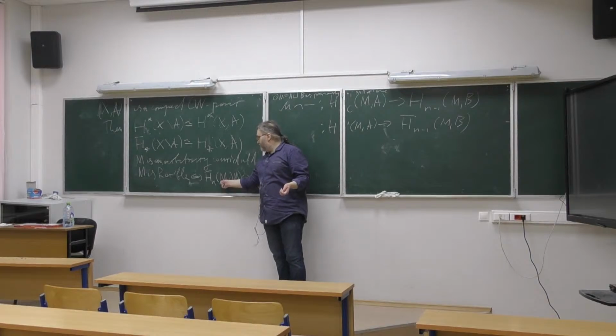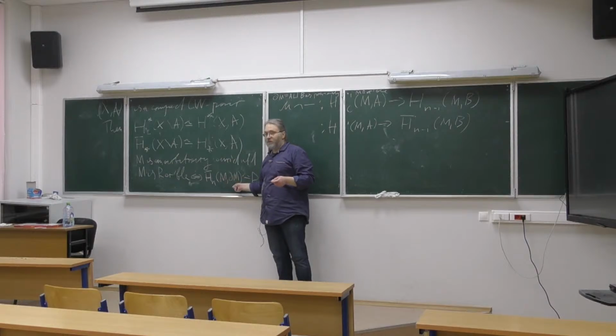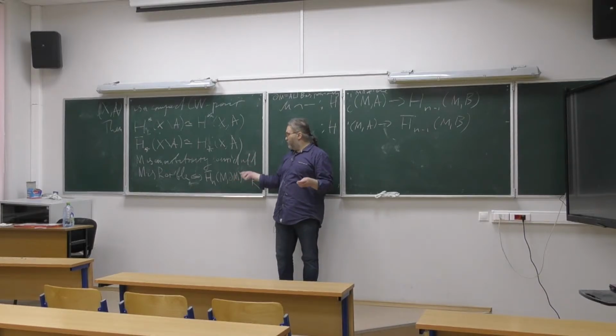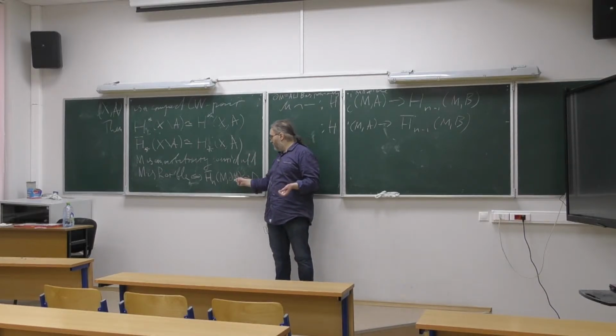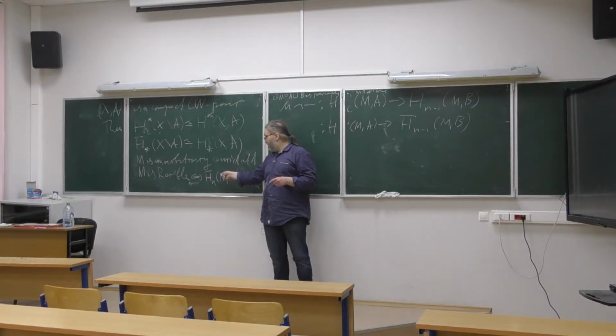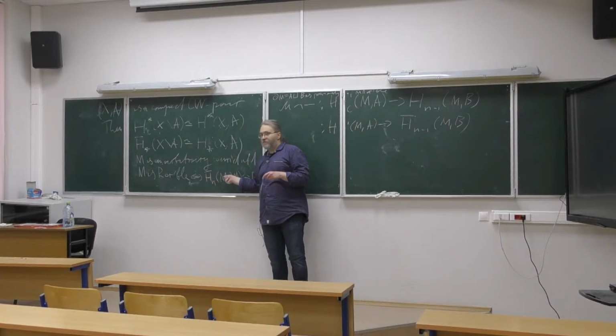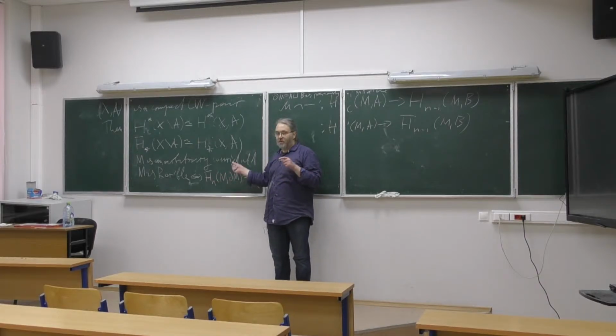For example, the fundamental class, or this group in general, will be 0. In order for it to be R, instead of this group, I need to consider the cohomology of a certain sheaf here.